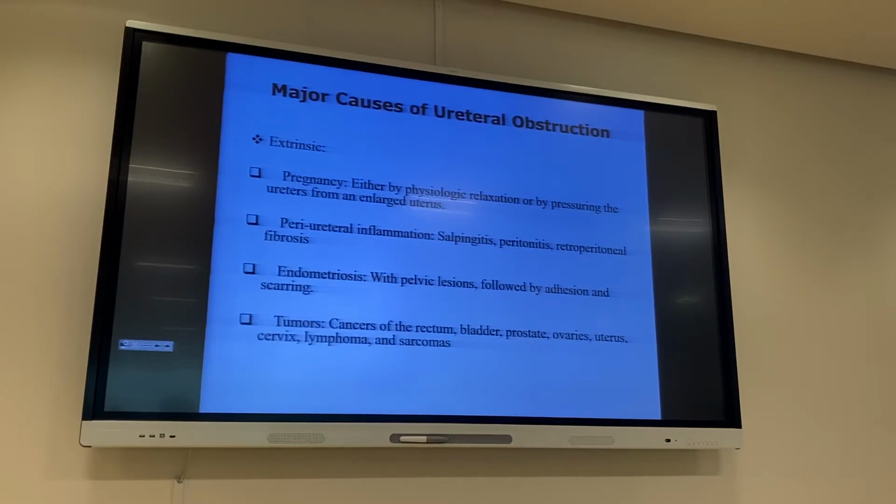So this is where retroperitoneal fibrosis became famous. And what happened is there is extensive fibrosis in the retroperitoneal space that will entrap the ureter, resulting in its obstruction. Any kind of inflammation in and around the ureters may extend to the ureter and involve it in the process of inflammation that will be followed by healing and fibrosis and strictures.